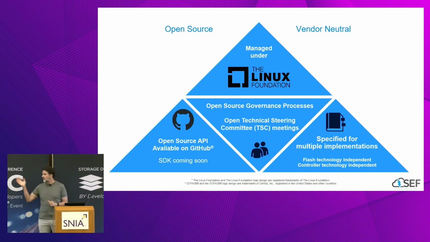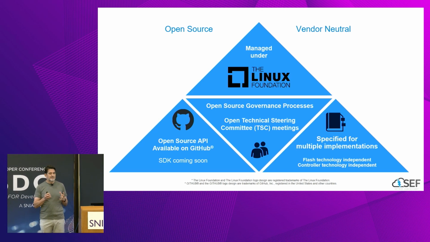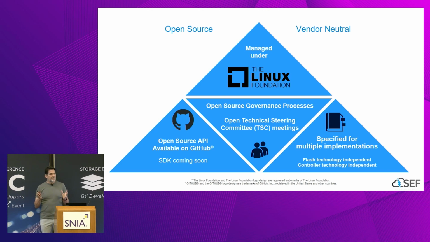Because it's open, we have governance processes and development processes in place so that what is released is predictable. What is released has gone through a process so you can trust it. And we think that's very important. We oftentimes get asked about standards organizations.